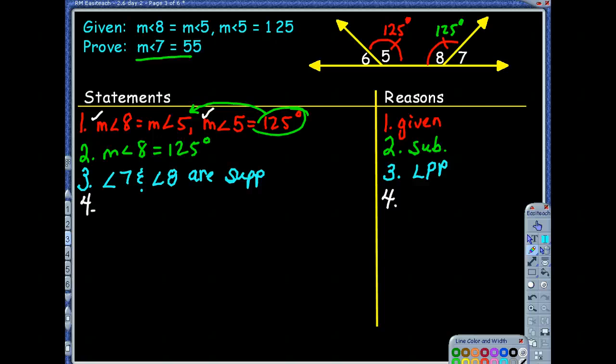So now I know that I've got an equality statement in step 2. So I'm going to turn step 3 into an equality statement also and say that the measure of angle 7 plus the measure of angle 8 will equal 180. Because that I know is the definition of supplementary. I can always say their measures add to equal 180, and that's a pretty common flow.